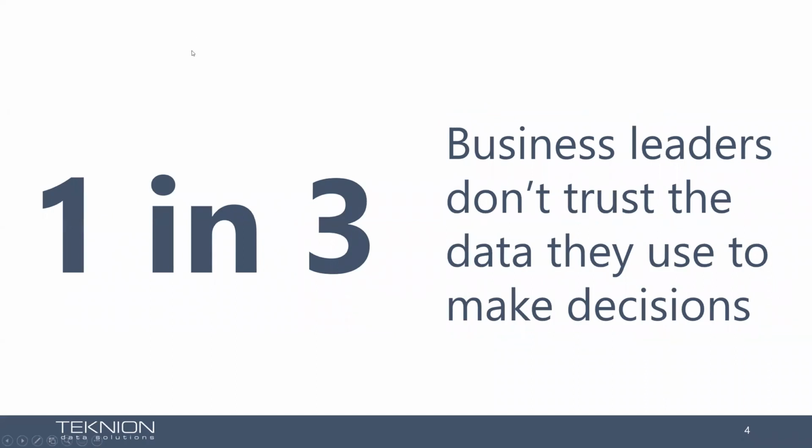To make it even worse, 2 in 3 business leaders actually don't have any trust in the data that they use to make decisions. This is a problem for us as IT professionals. We're responsible for getting good quality data into the hands of our users so they can make decisions. And how do we build this trust?